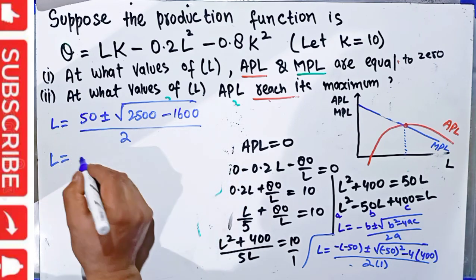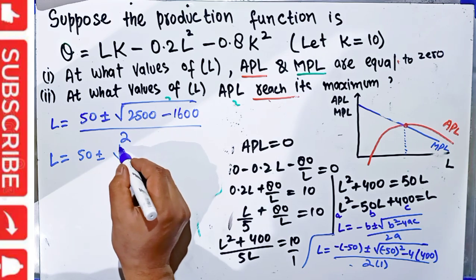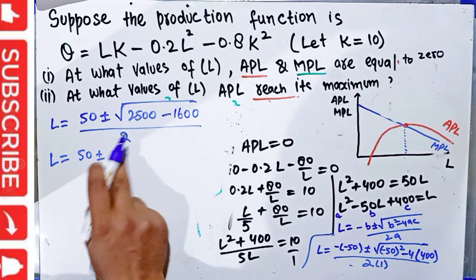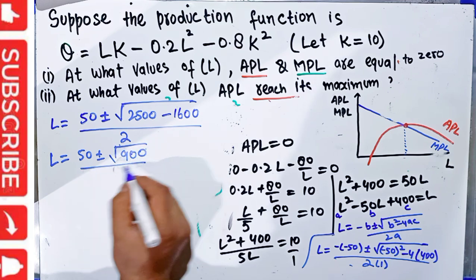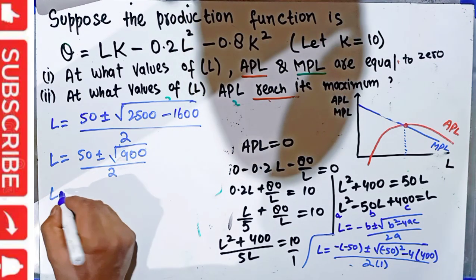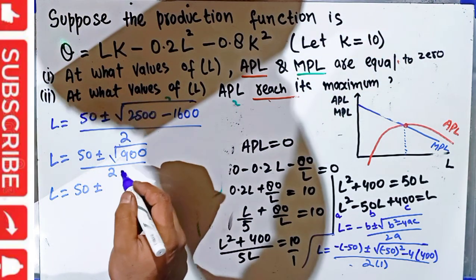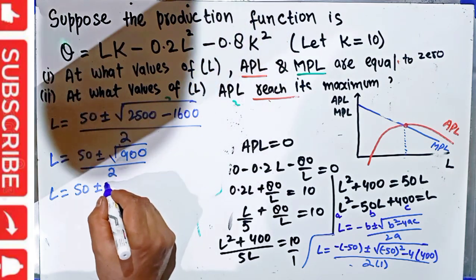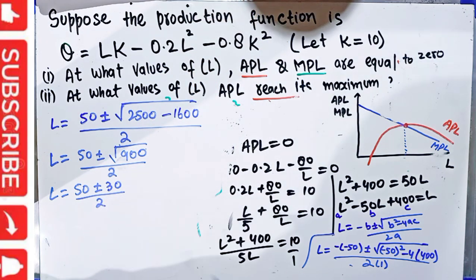So L will be equal to 50 ± √900, upon 2, which gives L equal to (50 ± 30) / 2.